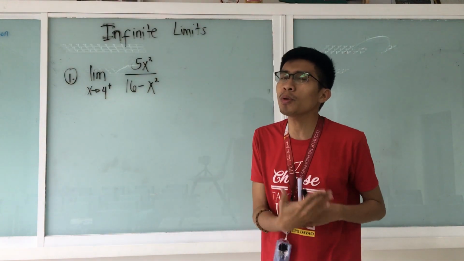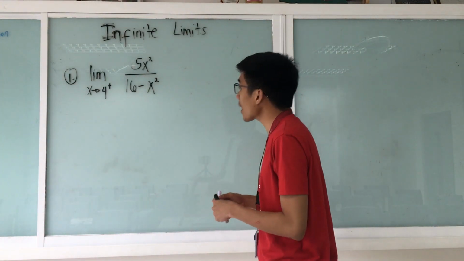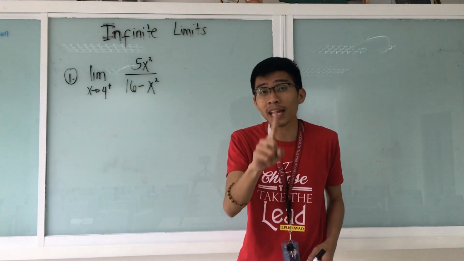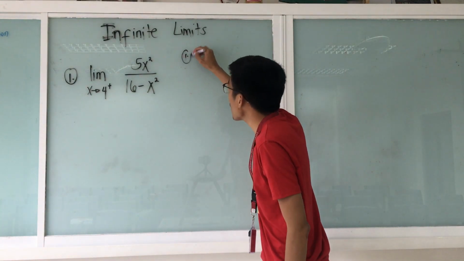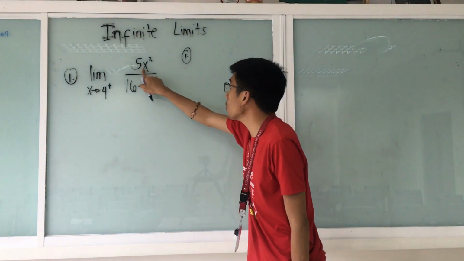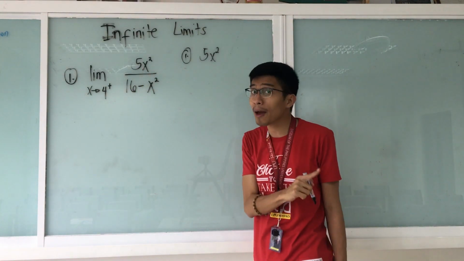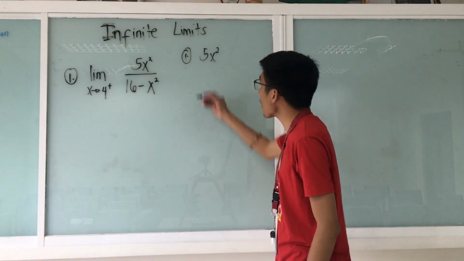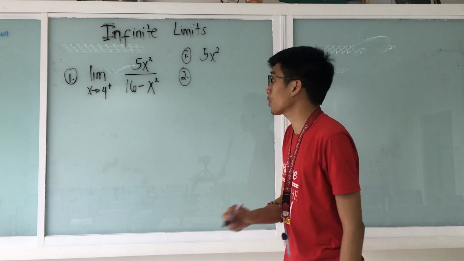Let's follow the simple rules that I presented in my previous video. For step number 1, you have to get your numerator. What is my numerator? My numerator is 5x squared. For step number 2, you have to identify where your x approaches to.